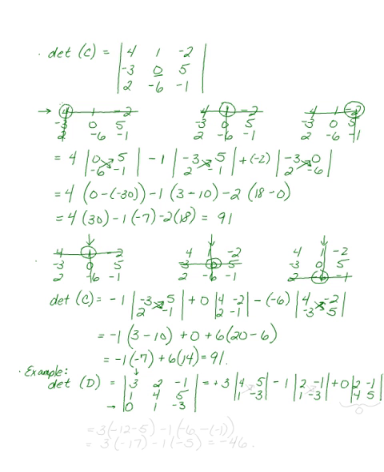Again, if you were doing this problem, you don't actually need to write this particular one, because 0 times anything is going to give us the result of 0. So all we really need is 3 times the determinant of our smaller matrix, which is 4 times -3, which is -12, minus 1 times 5, which is 5, minus 1 times the determinant of this matrix, which is 2 times -3, which is -6, minus 1 times -1, which is a -1.